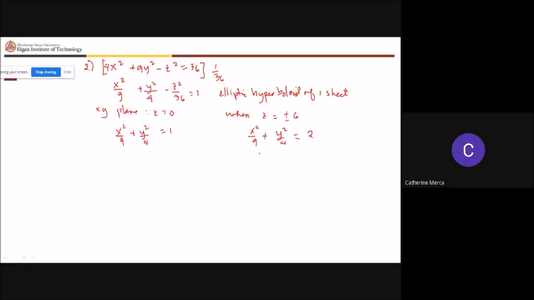So you will have x squared over 18 plus y squared over 8 equals 1. The square root of 18 is about 4.2, and the square root of 8 is about 2.8. We're going to sketch that.